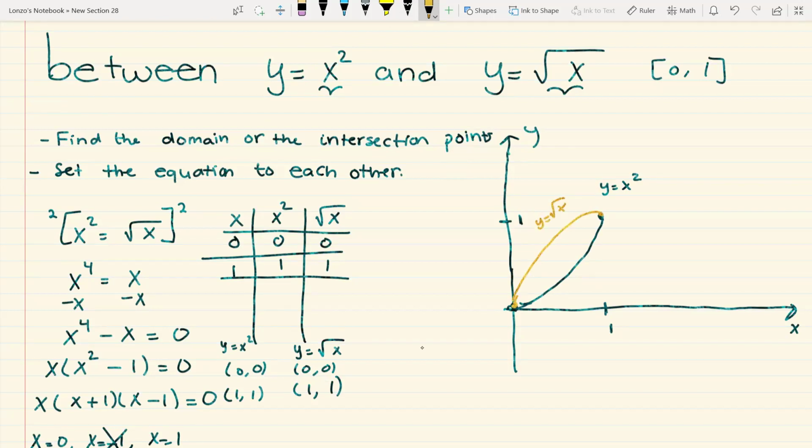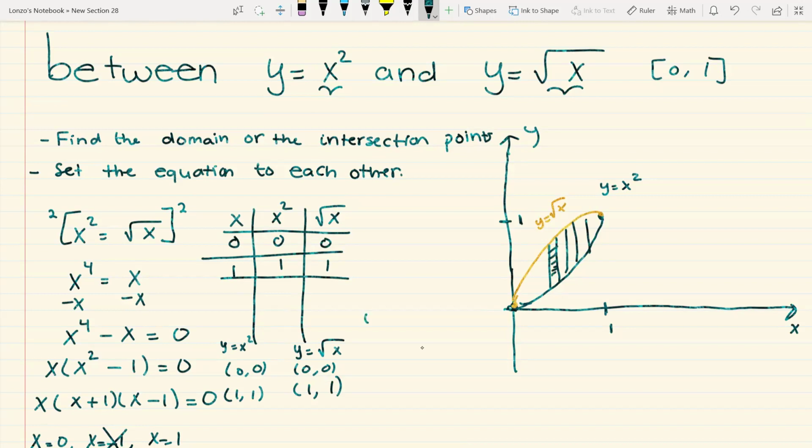Okay, so everything is in terms of x. I think it's best if you look at our rectangles, we draw a rectangle, and I think it should be vertical. So if we draw a rectangle, what would be our width?